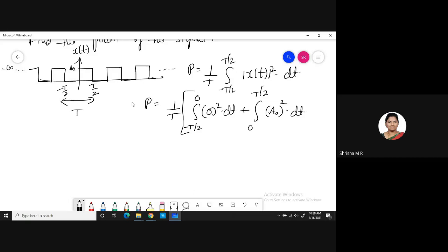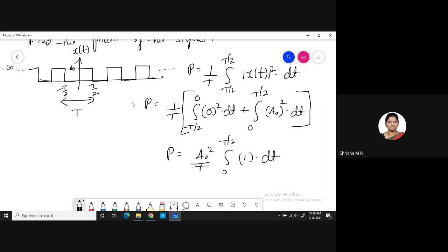So if you integrate, what do you get? P is equal to A naught square by T into integral 0 to T by 2 of 1 into dt.